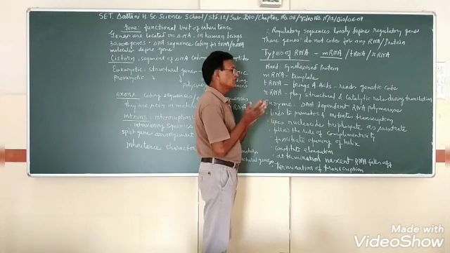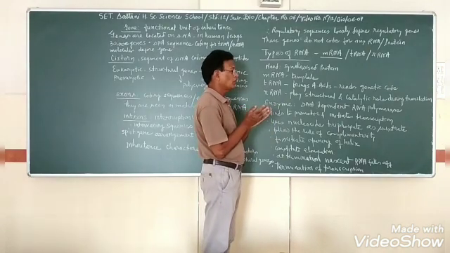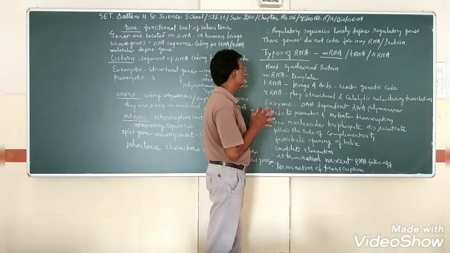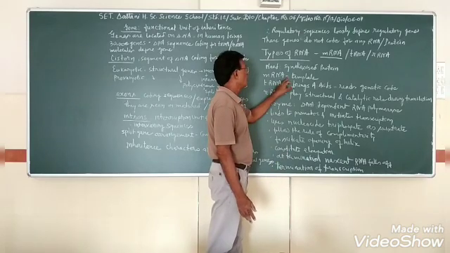The DNA template has the hereditary information, and this information is then given to the mRNA.